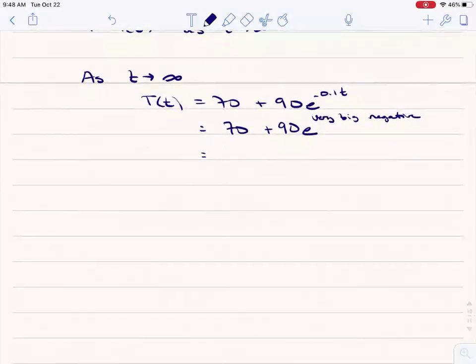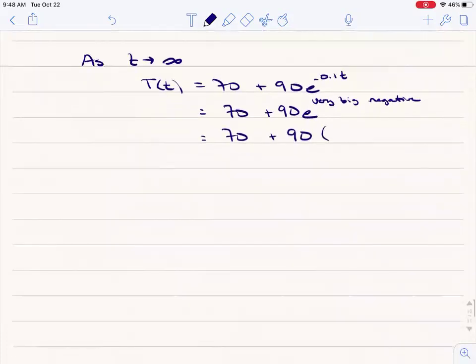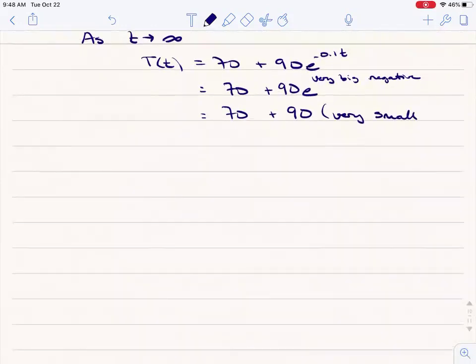And so we've got 70 plus 90 times a very small positive number, roughly 0. 70 plus 90 times roughly 0 is roughly 70.